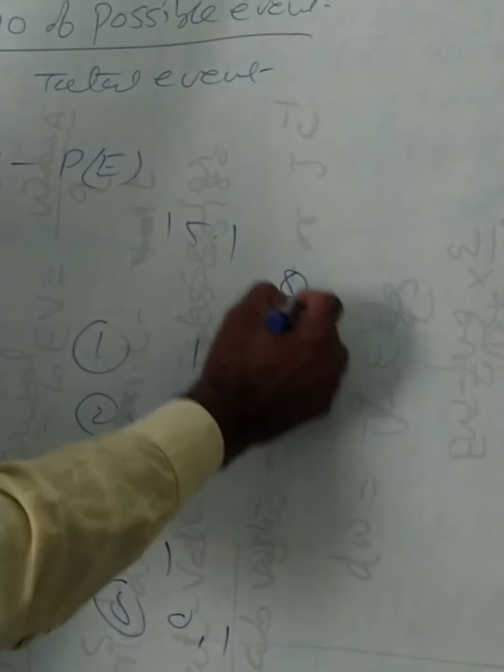The third one, a trial is made to answer true or false, so the answer may be right or wrong, so it is equally likely. And the fourth one, a baby is born a boy or a girl, it is also an equally likely outcome.